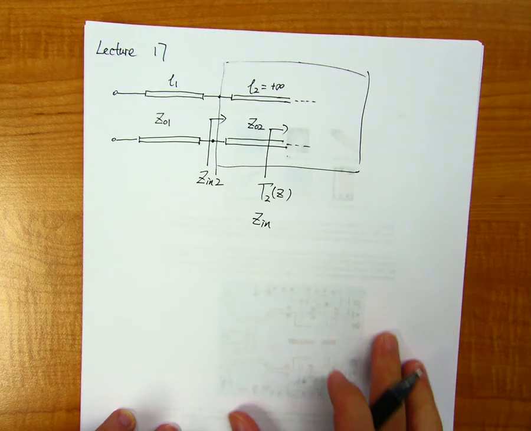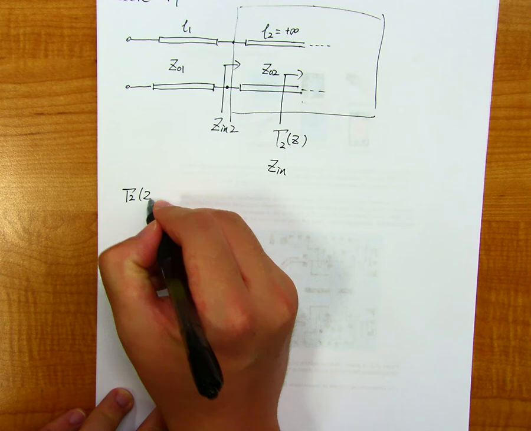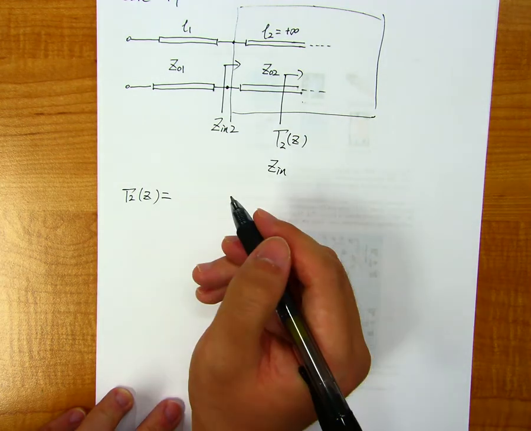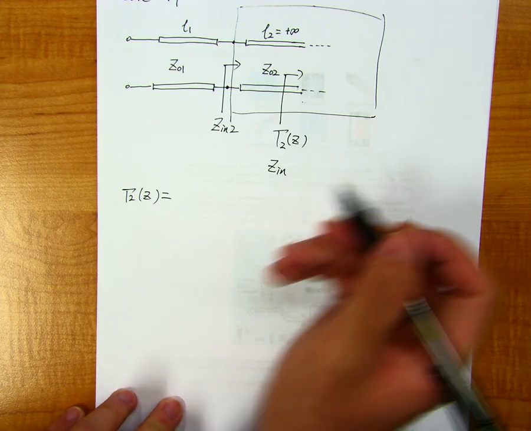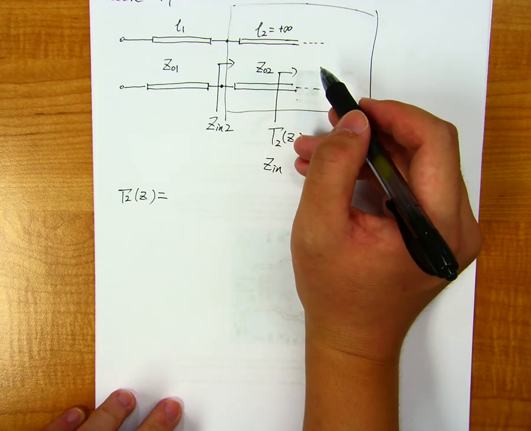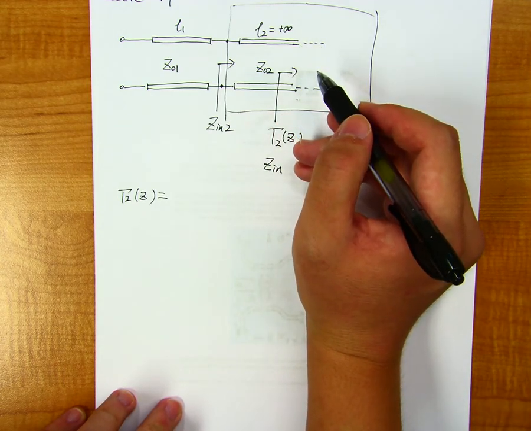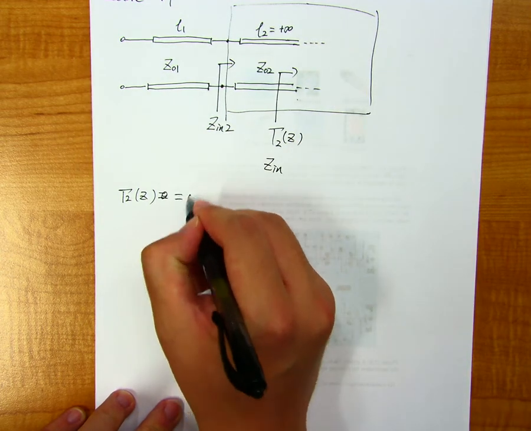And we know that gamma 2 of Z is equal to 0, because this transmission line is infinitely long, we will never have a reflected wave. So gamma 2 of Z is always 0.